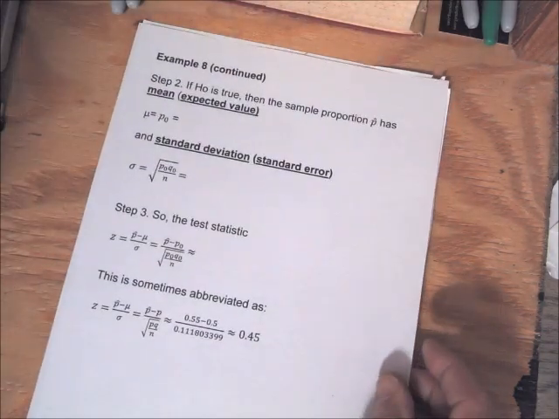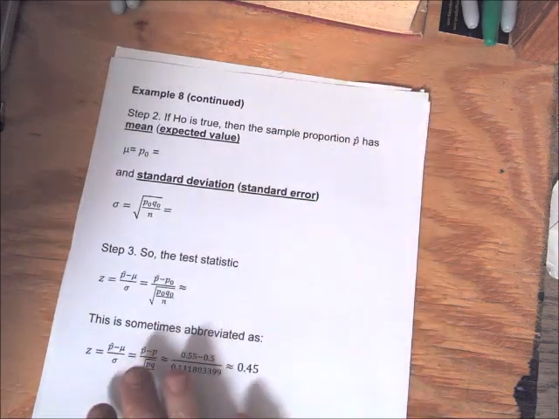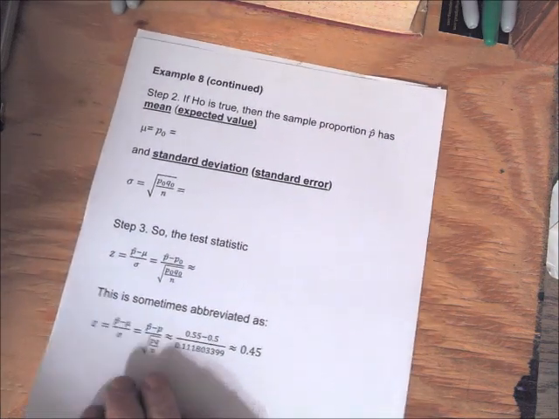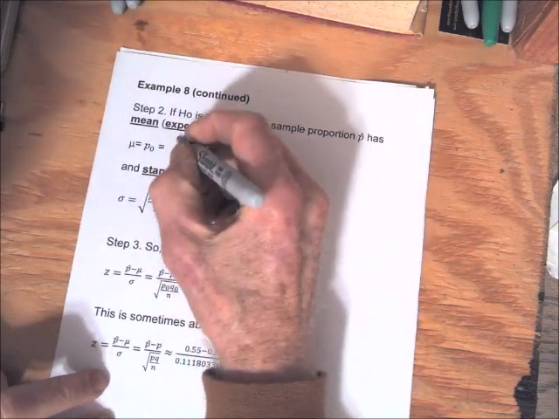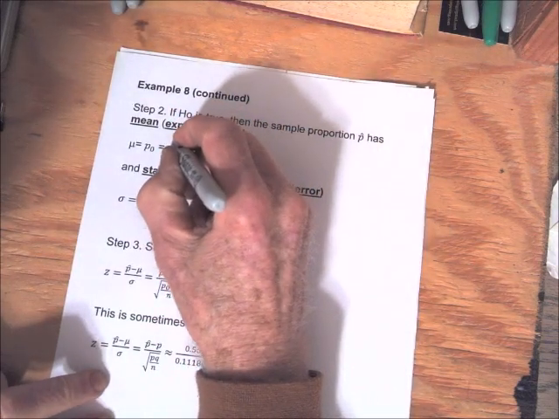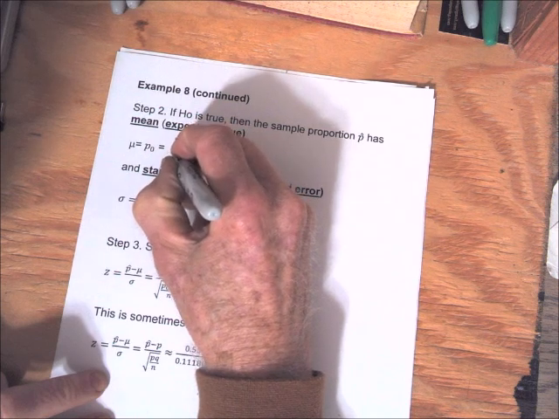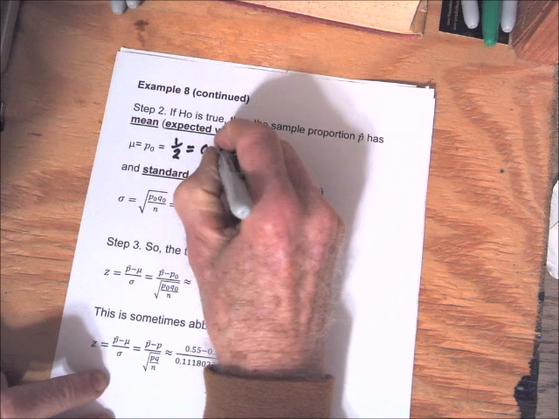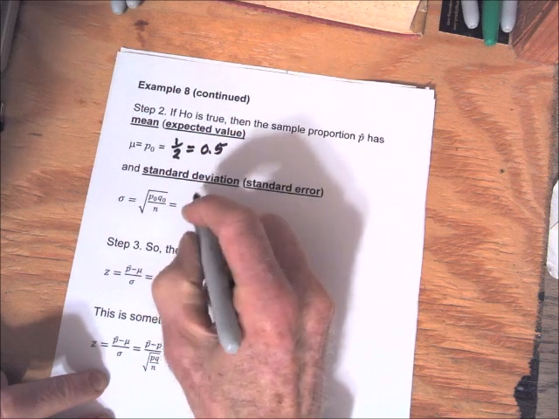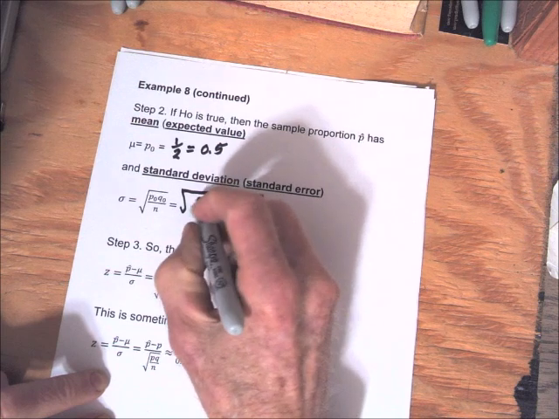In order to use a z-table, we need to find the null value and the standard deviation, or the standard error. The mean of p hat: on the average, we expect the sample proportion to be 0.5 if the coin is evenly weighted. That's the null value. So the mean of p hat is 1/2 or 0.5, and the standard deviation of p hat is the square root of P0 times Q0 over n.